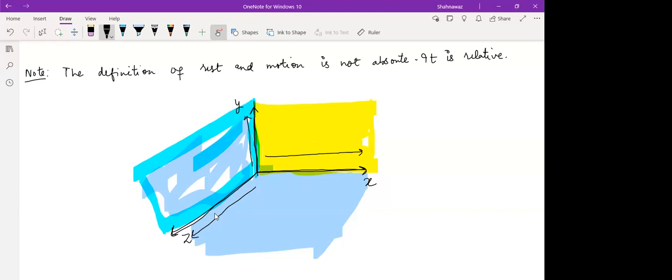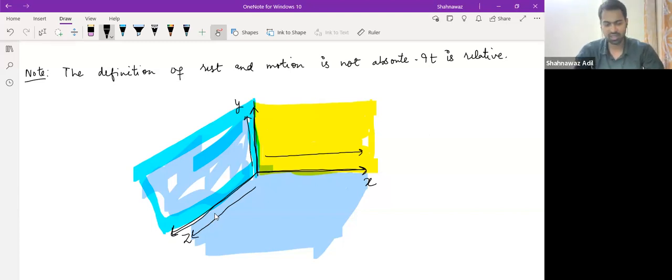Yeah. So let's say a body, you have some floor, right? And on the corner, the ends are moving in one direction, right?